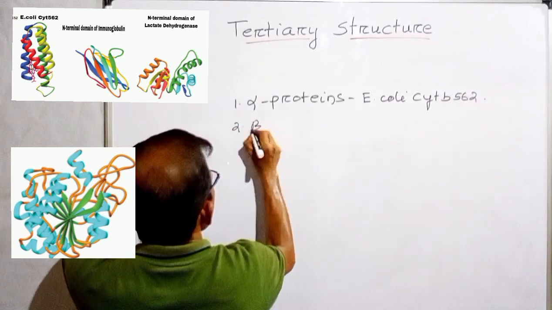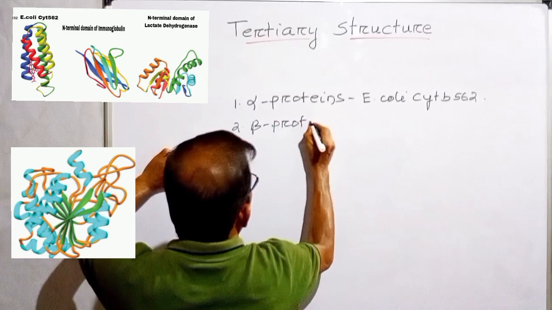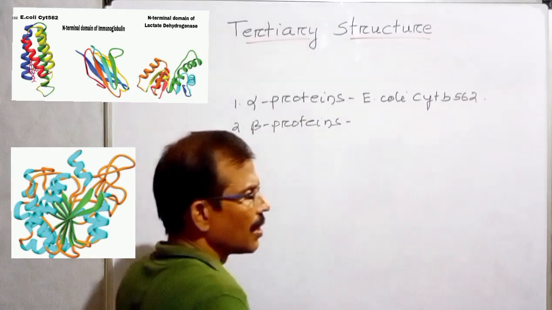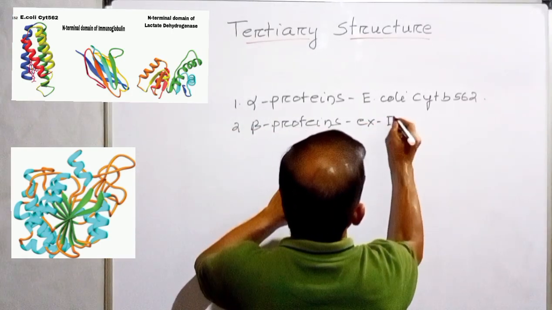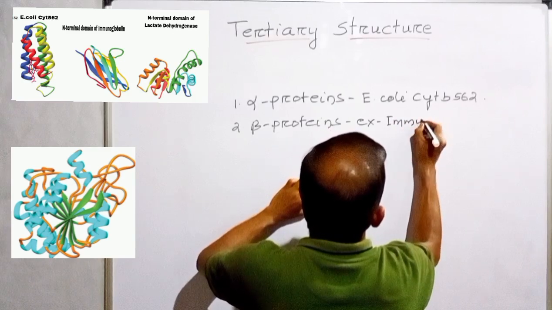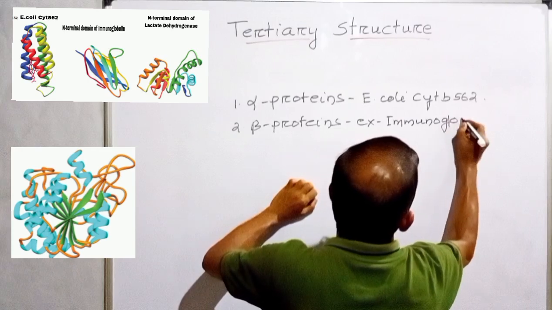Second one is beta proteins, which contain a large proportion of beta pleated sheet. Different types of immunoglobulins are examples of beta proteins. Immunoglobulins are devoid of alpha helices.